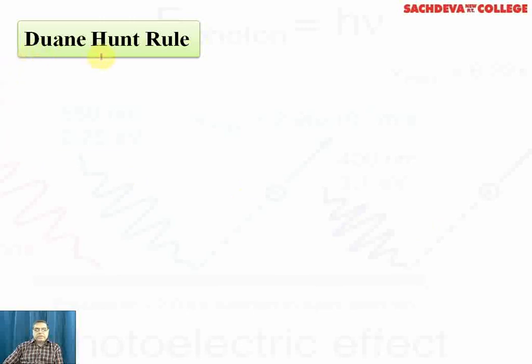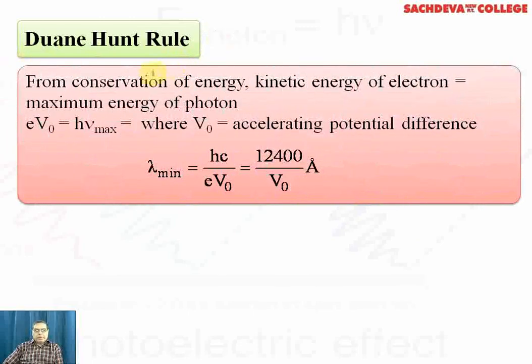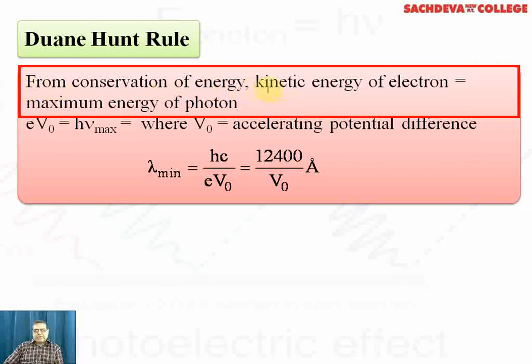Now we come towards the Duane-Hunt rule. This rule is related to equating the energy of the electron with the energy of the photon. According to conservation of energy, the kinetic energy of the electron is equal to the maximum energy of the photon.